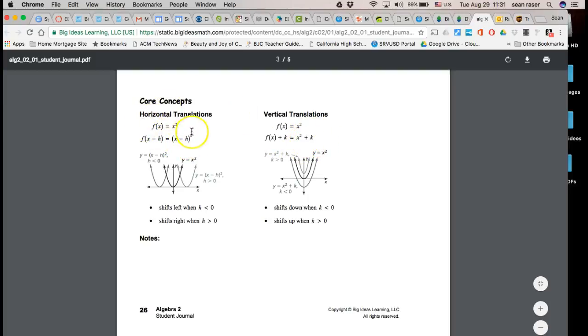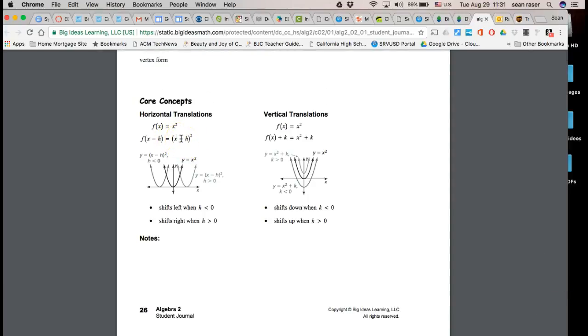So here we've got our parent function for a quadratic, f of x equals x squared. And to have a horizontal translation, we simply subtract h from our input. Now remember, h is just the amount we're shifting, either to the left or to the right. So if we are subtracting some integer from our input, that means we're shifting left or right.